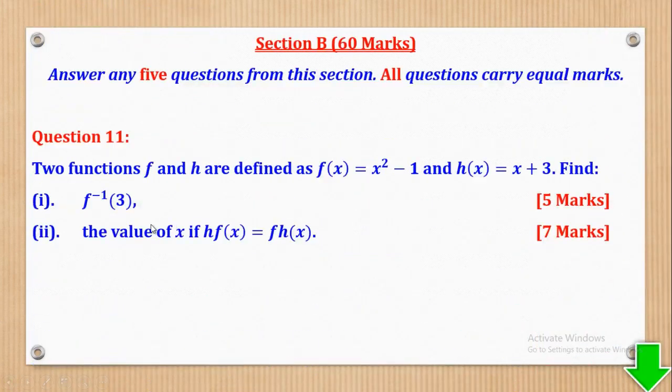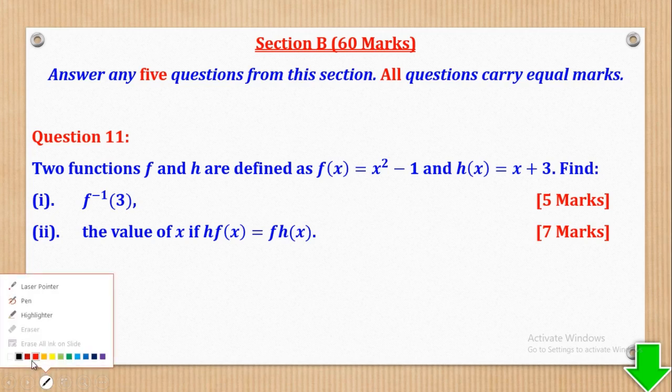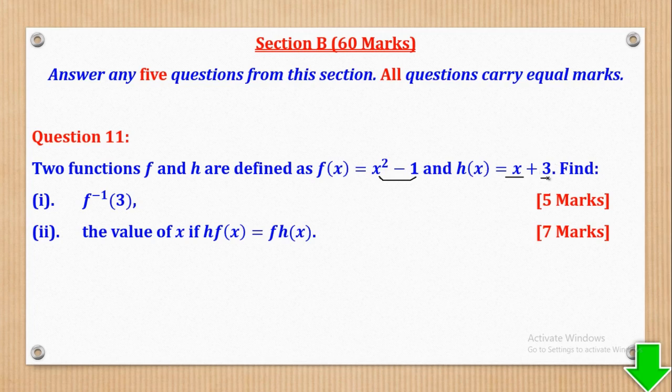So Roman 2 says find the value of x if hf(x) is equal to fh(x). So we are going to first find out what hf(x) is and what fh(x) is. So hf(x) means that where there is x here, you replace it with f(x). This x here will be replaced by the whole of this to come up with x squared minus 1, then plus this 3.